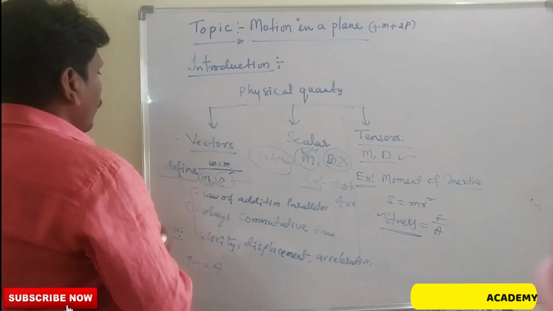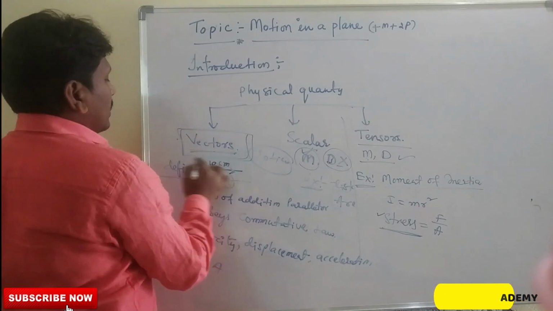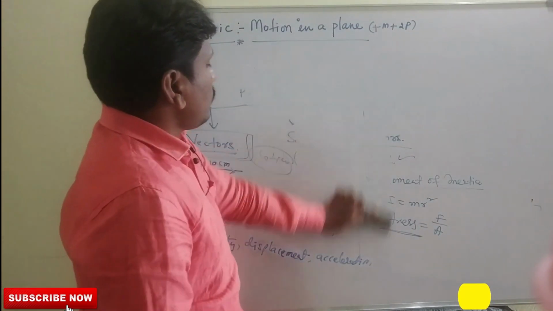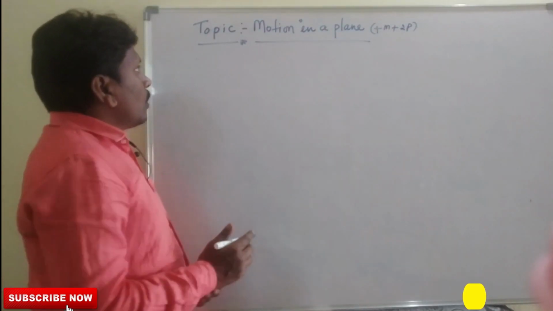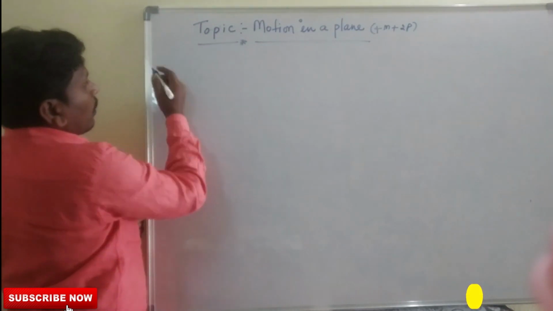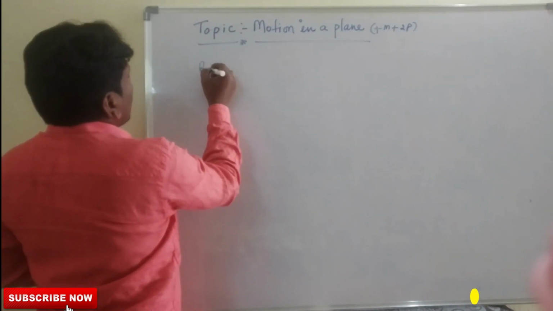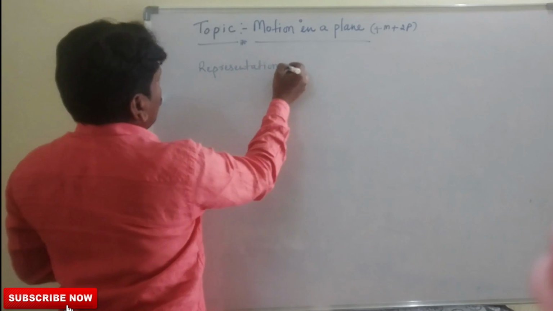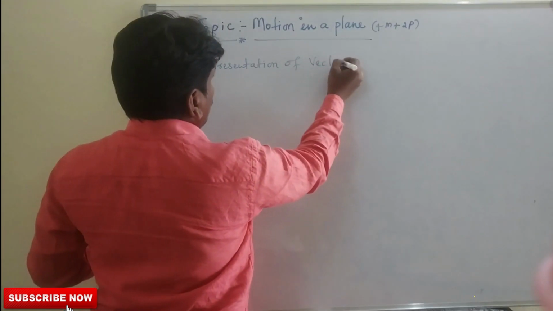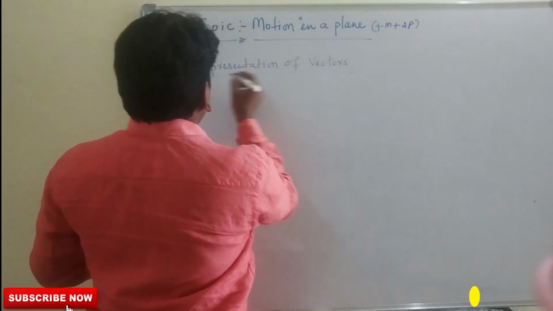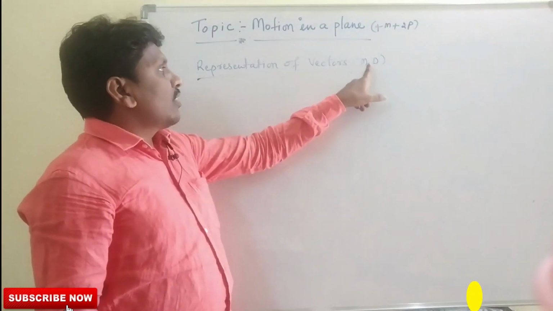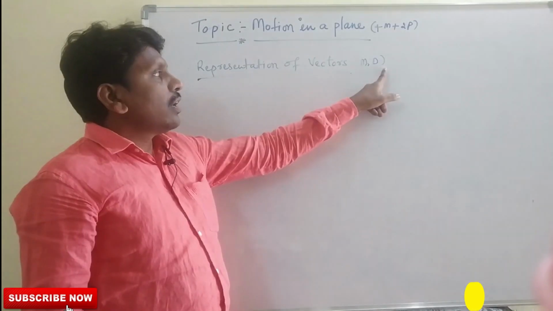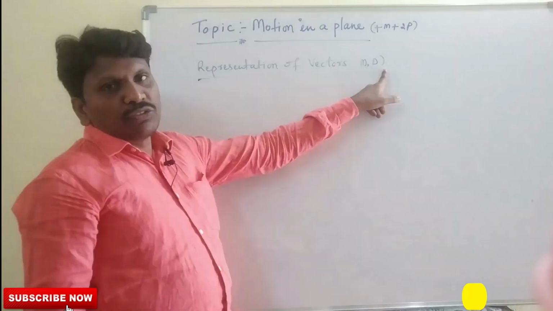Now let's see how to represent vectors. Representation of vectors. We all know that vectors have both magnitude and direction and obey the parallelogram law of addition and the commutative law.